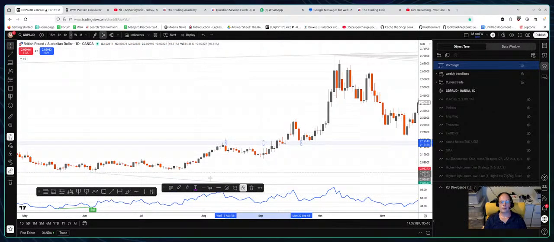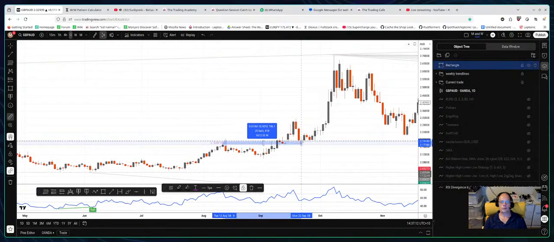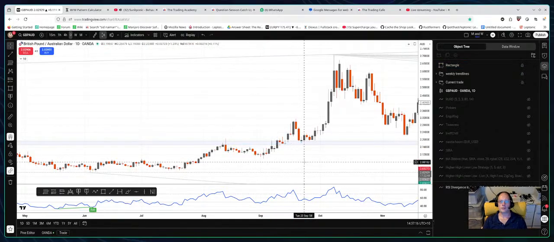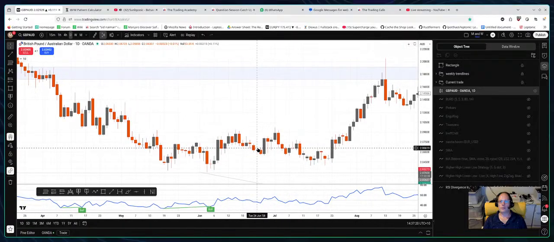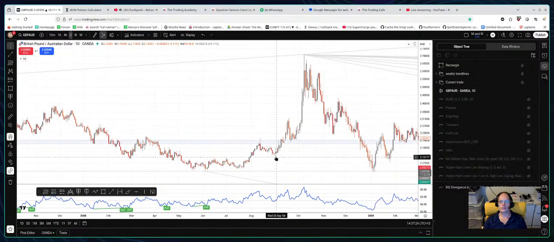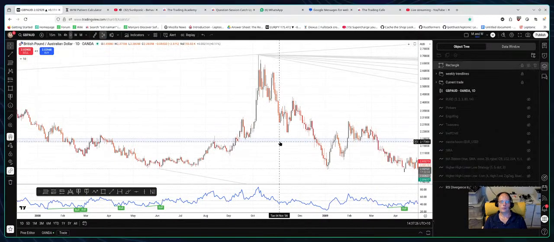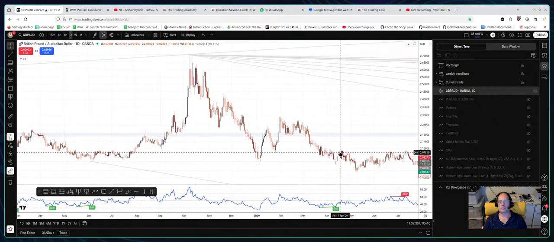So apparently the banks and whatnot, let me just measure it, make sure it's got to be less than 1.5%. It is good. The banks apparently find value in that zone. So wait, let me zoom out. When price hits it, they'll be like, oh, let's buy it or sell it. Don't see any other ones here.